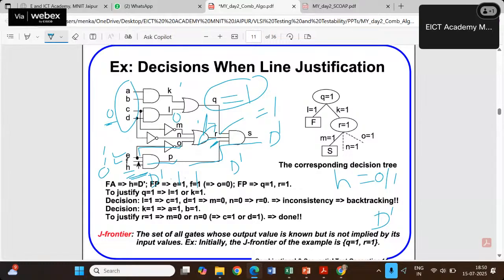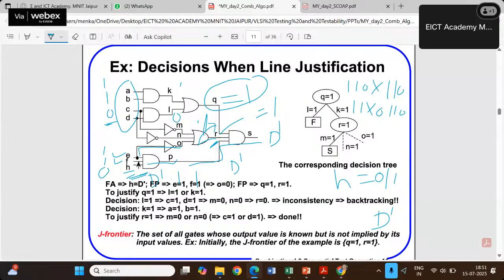So we have to maintain either C or D equal to 0, and we are getting output R equal to 1. Now A and B we can put 1, 1 and our job is done. So my test pattern can be 1 1 0 X 1 1 0, or I can make D as 0. So this can be the test pattern, and my job is done.